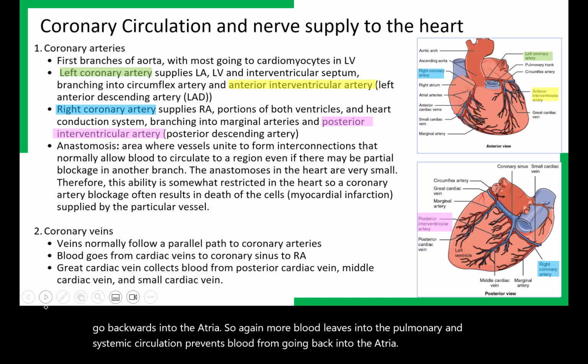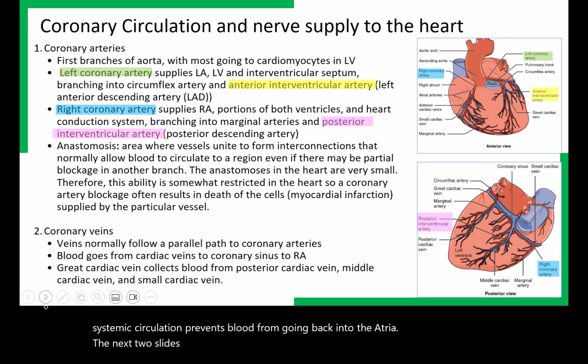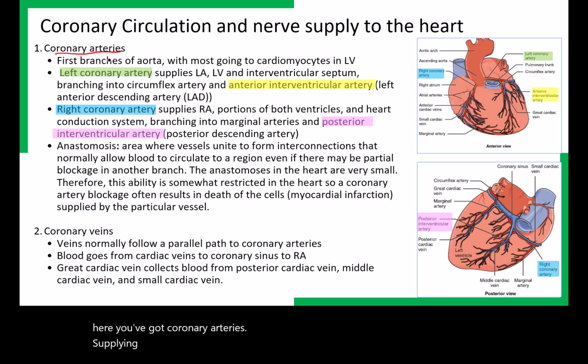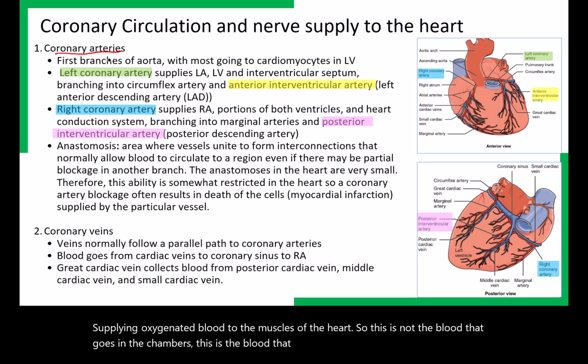The next two slides talk about the coronary and the nerve supply of the heart. Over here, you've got coronary arteries supplying oxygenated blood to the muscles of the heart. So this is not the blood that goes in the chambers. This is the blood that supplies the thickness of the wall muscle of the chambers.